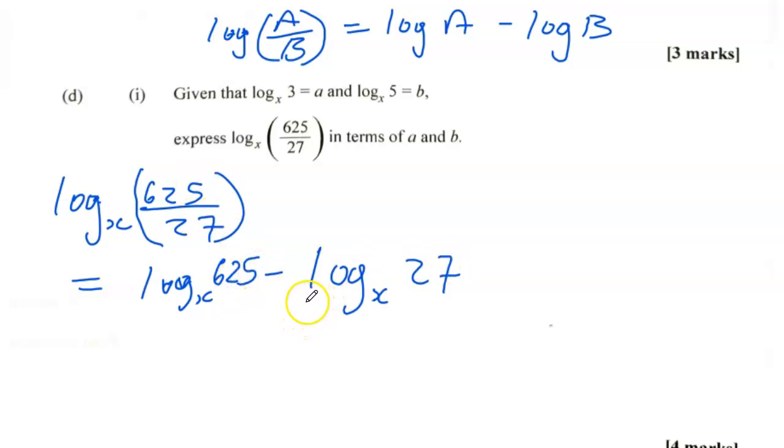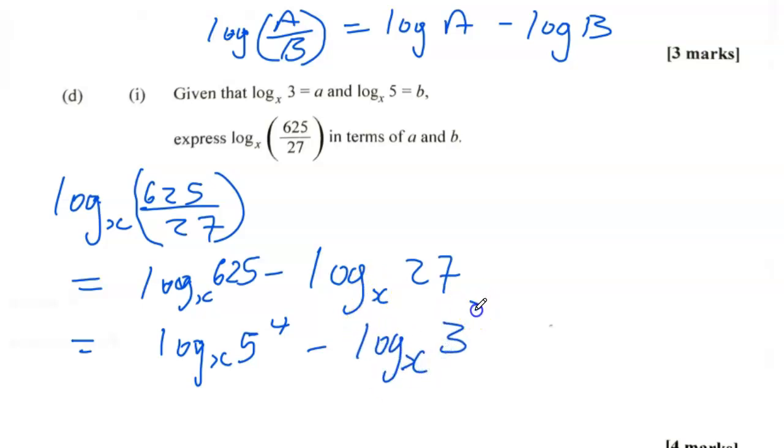Log 625. 625 is the same as, so let me rewrite. 625 is the same as 5 to the power 4. And 27, we can rewrite 27 as 3 cubed. Alright? Now there's also another rule of log that says that the power here, we can put at the front.